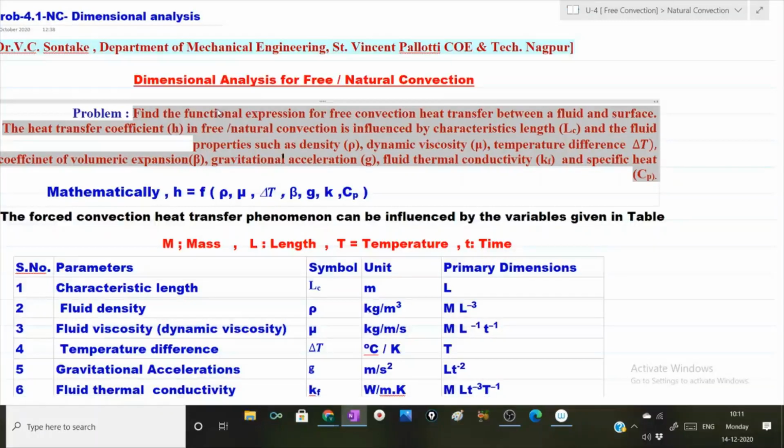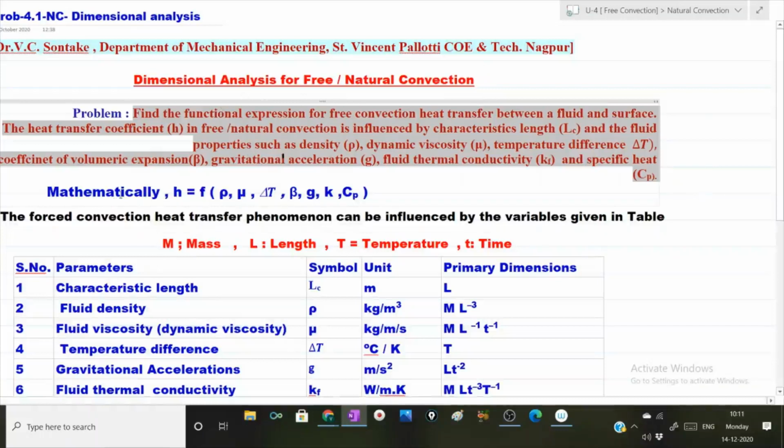The heat transfer coefficient h in free or natural convection depends on the characteristic length Lc and the fluid properties such as density rho, dynamic viscosity mu, temperature difference delta T between fluid and the surface, coefficient of volumetric expansion beta, gravitational acceleration g, fluid thermal conductivity Kf, and specific heat Cp.